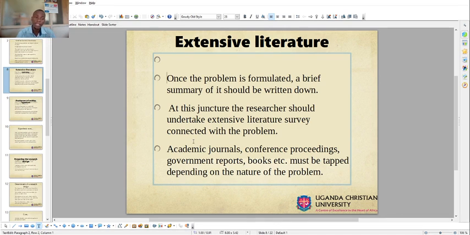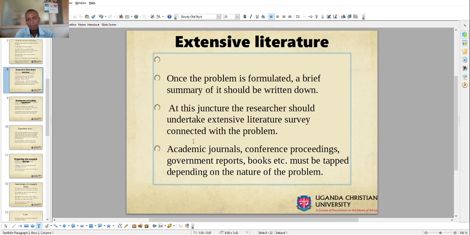There are other people who have done the same. Probably they've done it in different areas, and you're doing it from a different area. But when you read what they have, it can guide you. So literature is very, very vital. It does a lot of things. It helps you to improve on your topic, to rethink your methods, a number of things. I repeat, literature is reading about what others have written.